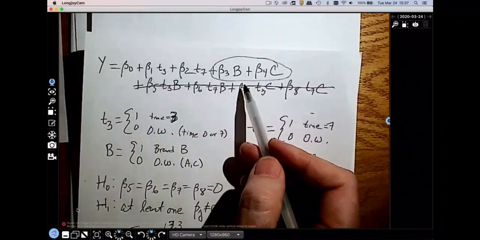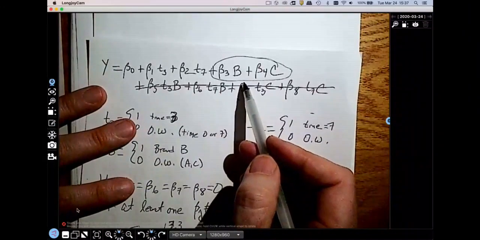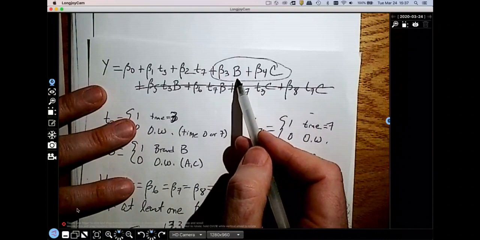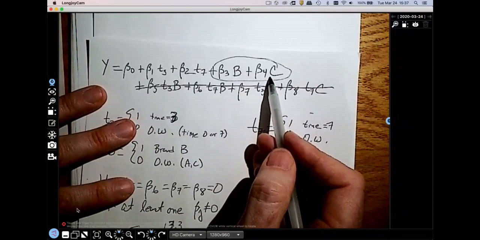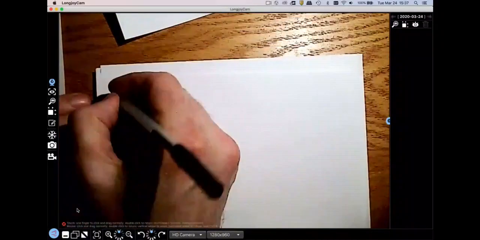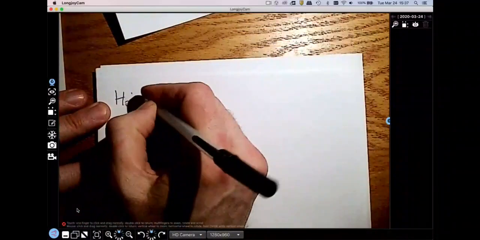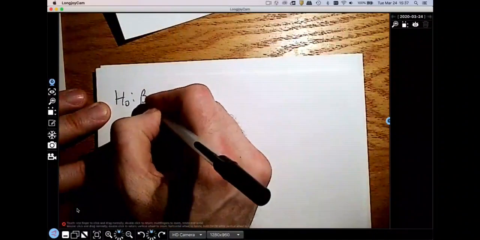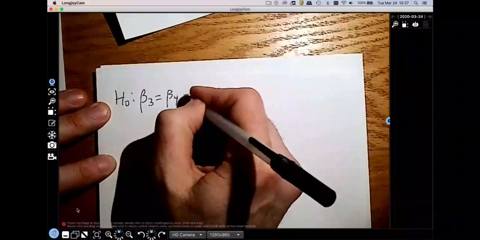What this is really allowing for is a different intercept, if you will. If it's brand B instead of brand A, this one allows for C to have a different intercept. So I can write that as follows: H naught, beta 3 equals beta 4 equals 0.